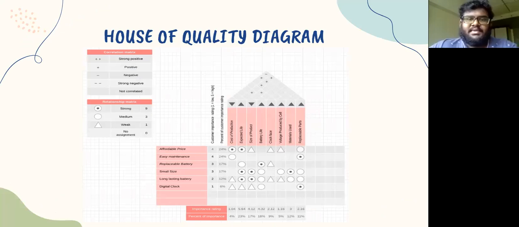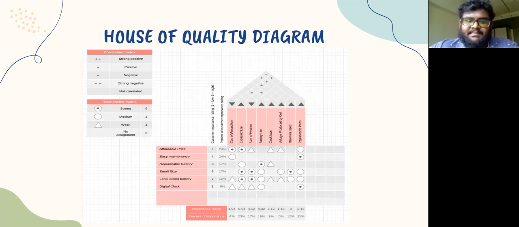Okay, so now we'll be taking a look at the house of quality diagram. By using the house of quality diagram, we can relate our product specifications to the consumer needs. The latitudinal columns are the consumer needs and the longitudinal columns are the product specifications. The triangle on top has positive and negative signs, which indicate a correlation matrix between the product specifications.